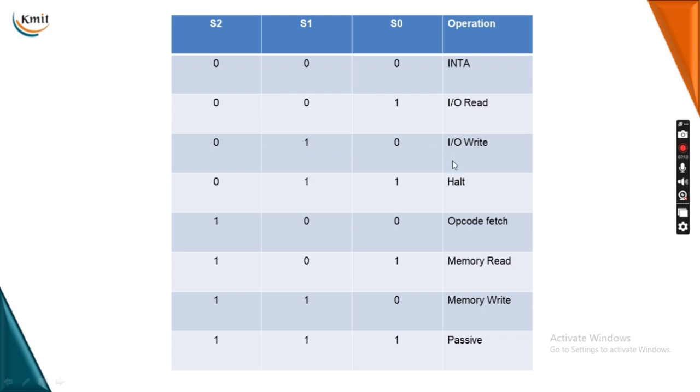For 010, it will do the write operation. For 011, it will halt, holding up to a certain time depending upon the processor. If it is 100, the opcode of the corresponding instruction will be fetched.